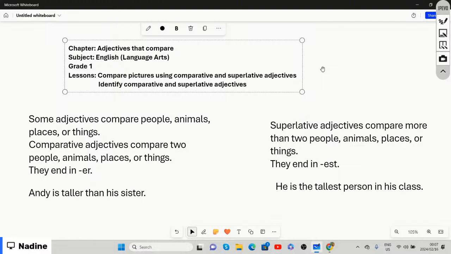So when it comes to adjectives that compare, it is like we are comparing adjectives. We are either comparing two things to one another, or we're comparing more than two things to one another.